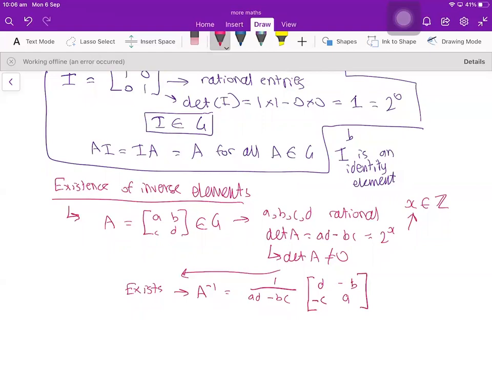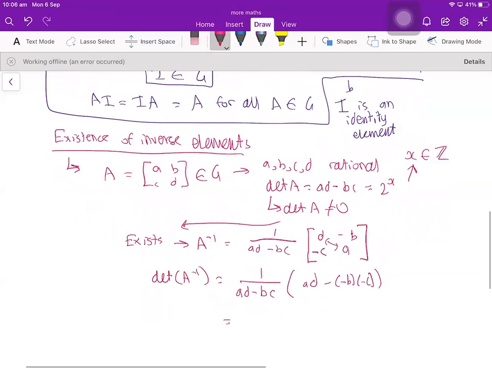And our determinant of this inverse matrix is equal to, we have the factor of 1 over AD minus BC out here, and times AD over here, and minus negative B negative C. This is equal to 1 over AD minus BC.